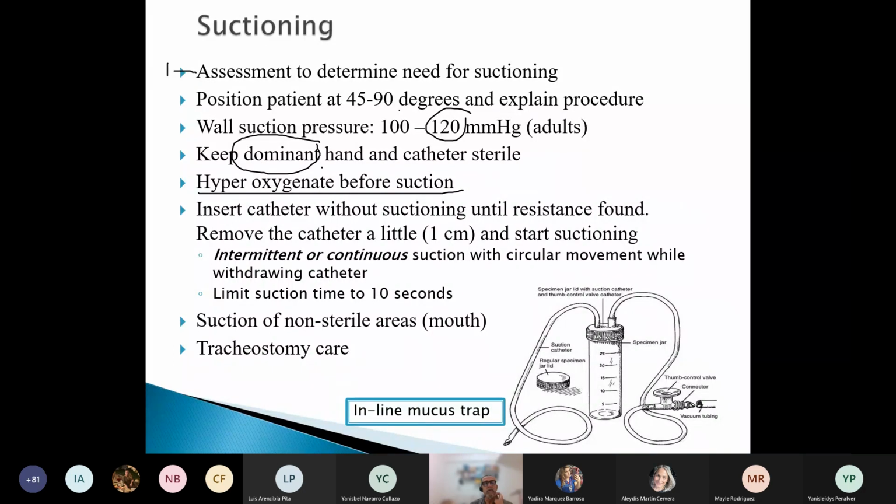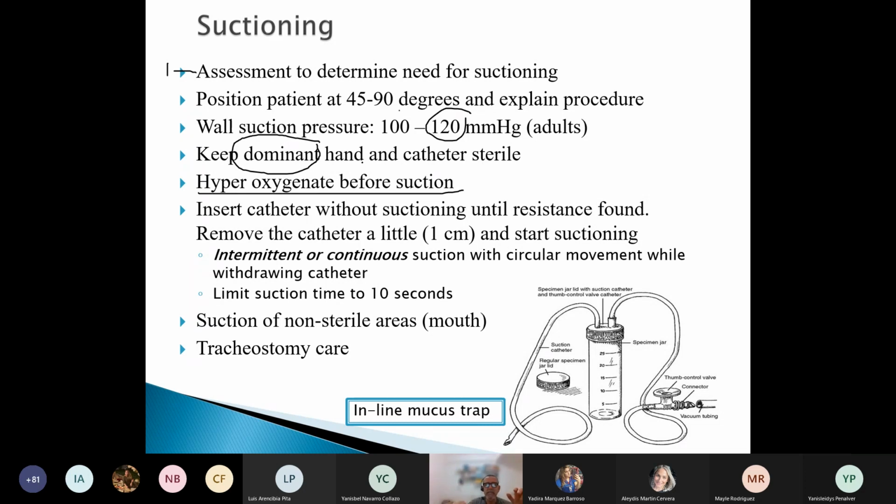It is tested which hand you keep sterile for procedures in which one hand will be sterile and the other hand is going to be clean. For example, to introduce a Foley catheter, one hand is sterile, has a sterile glove, the other hand is clean. The dominant hand should be the sterile.